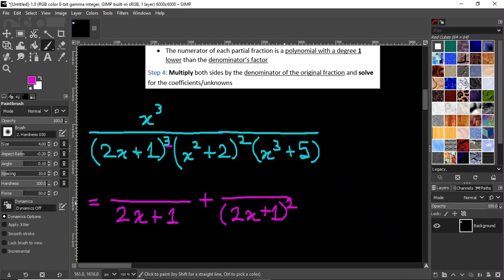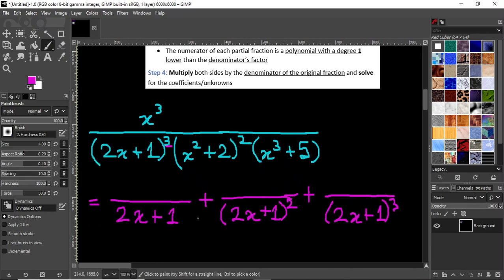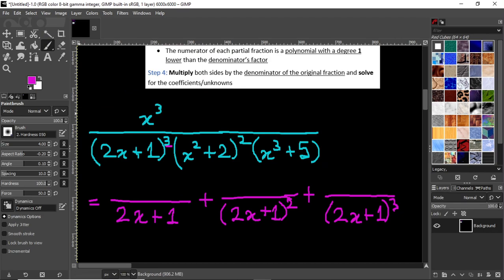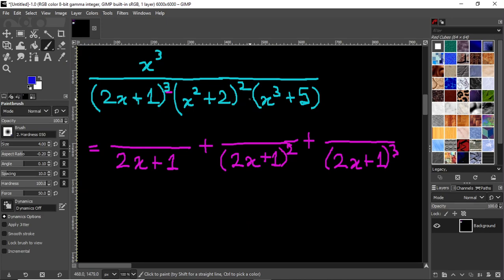Squared, okay, squared plus cubed, right? So that's it. We repeated that 3 times, so that's done. But that's only for 2x plus 1, right? We need to do the same for the other factors too.